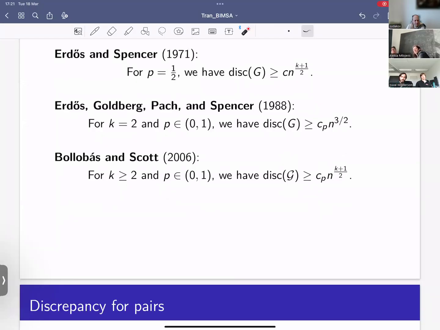So for dense hypergraphs, we now understand the discrepancy pretty well.